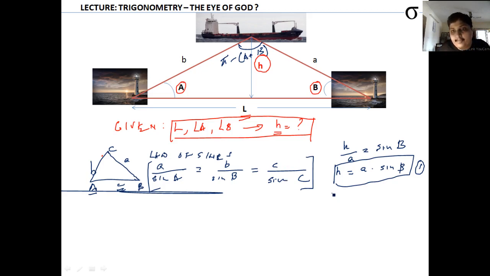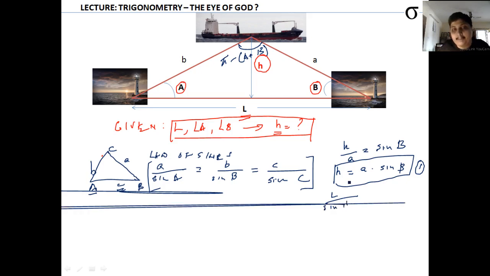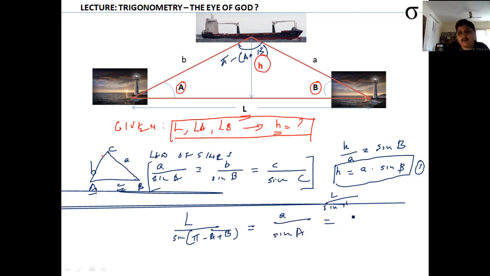So therefore, L divided by sine of (pi minus (A plus B)) equals a divided by sine A equals b divided by sine B.